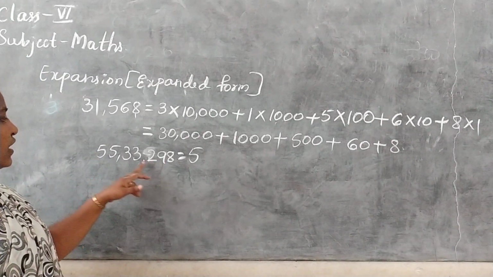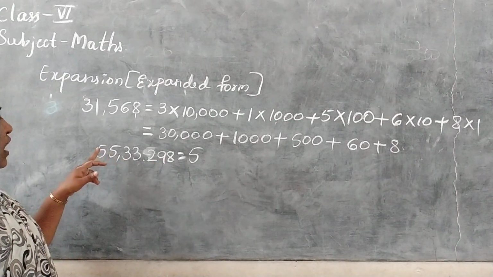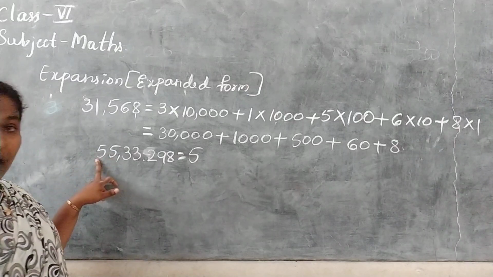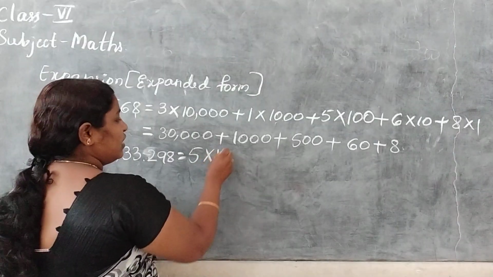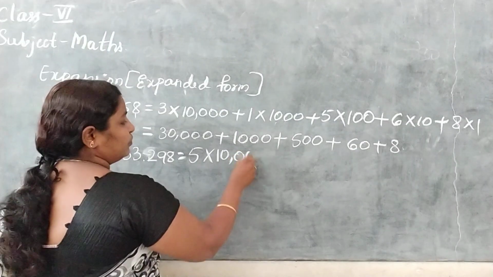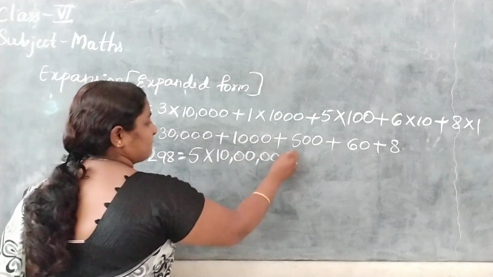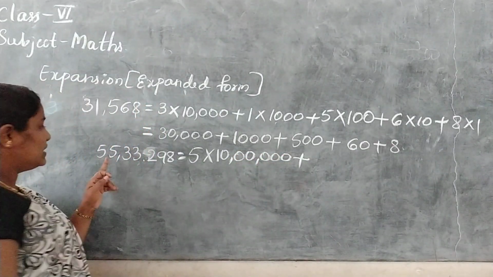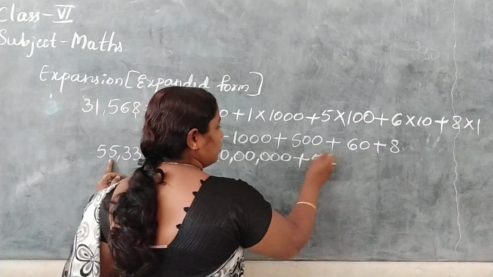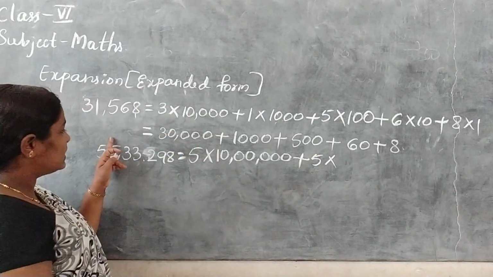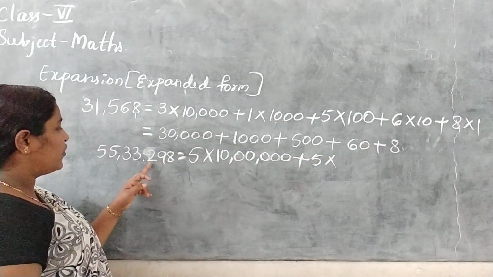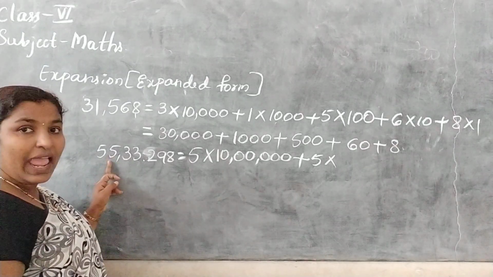Ones, tens, hundreds, thousands, 10,000, lakh, 10 lakh. So you should write here 10 lakhs. After that plus 5 into which place? Ones, tens, hundreds, thousands, 10,000, lakh.